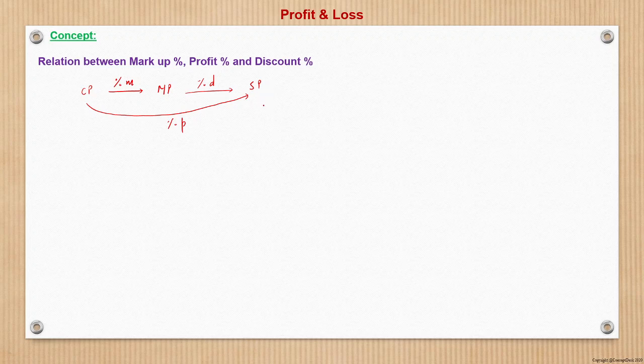This relationship we know. So from here, there are a couple of ways to interpret this. Can we say that to arrive from CP to SP, we are giving two successive increments of M% and D%, where D is negative?